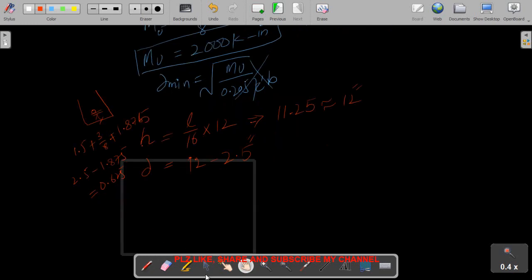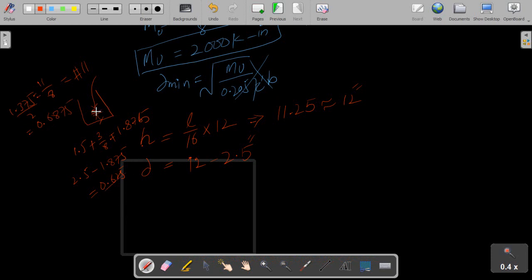0.625. Let's say if I assume this bar, I'm using this bar as number 11. So 11 divided by 8, the diameter of this bar is 1.375. If we halve this, it will give me 0.6875, which is close to this one, right?